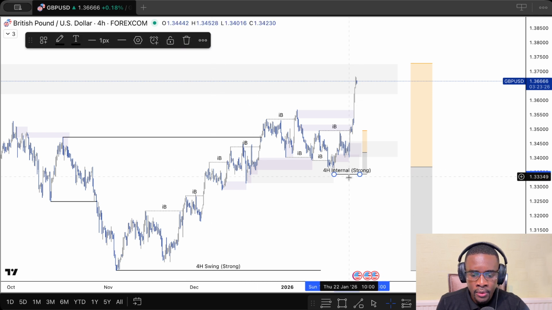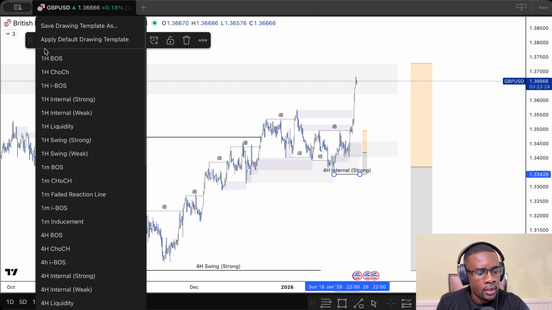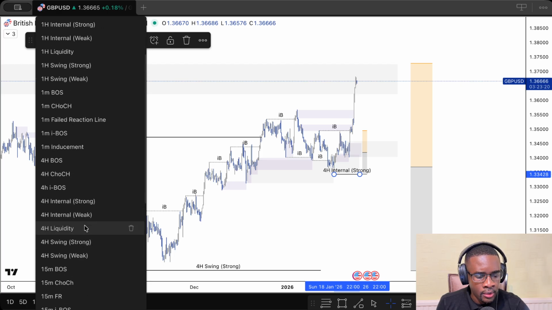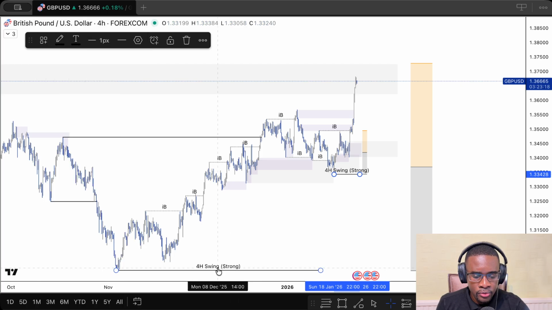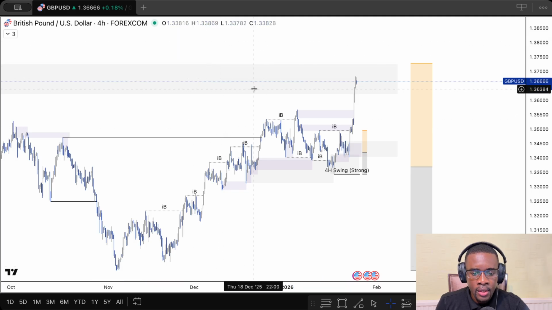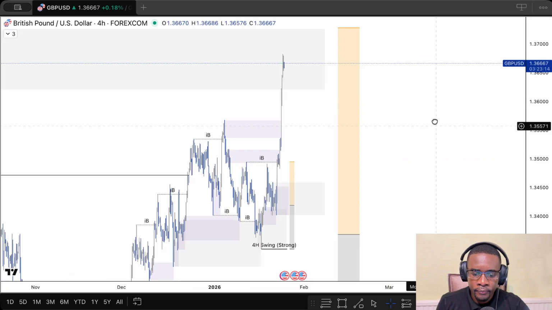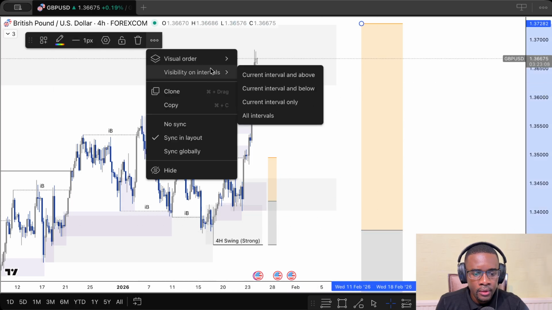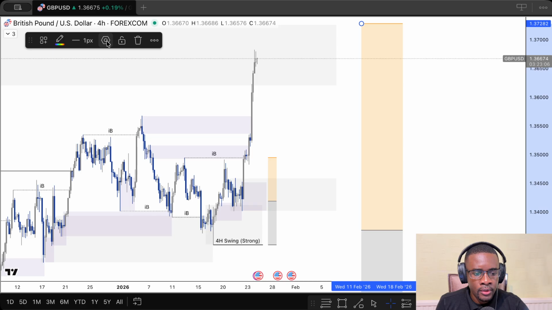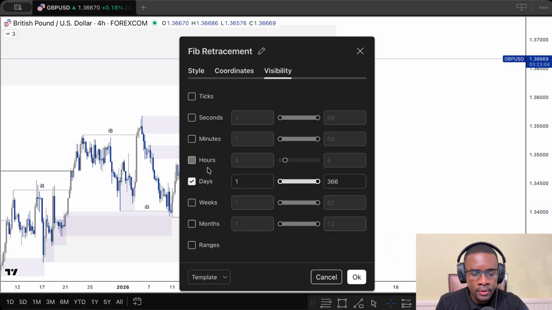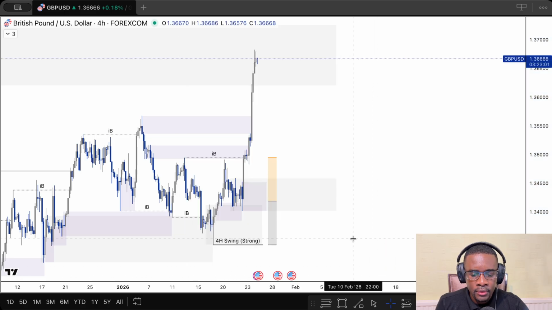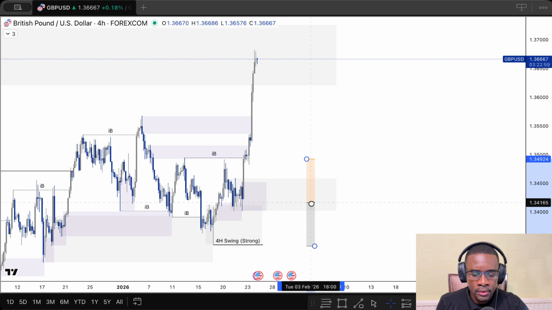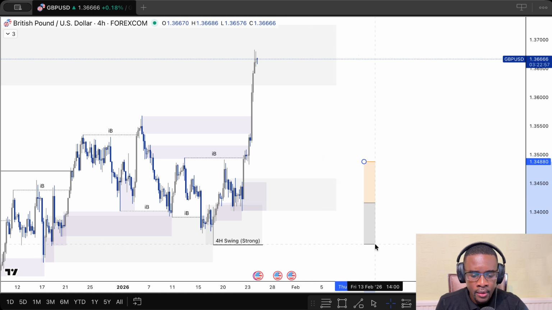Our 4-hour internal strong is the same as where we have our 4-hour swing strong, so I'm going to remove that right over there. And then this one is for the daily, and this is for the 4-hour.